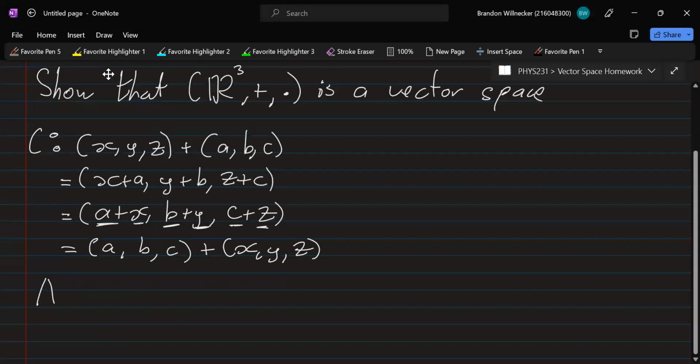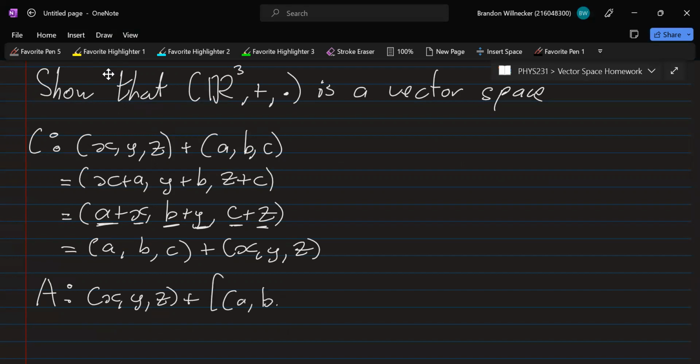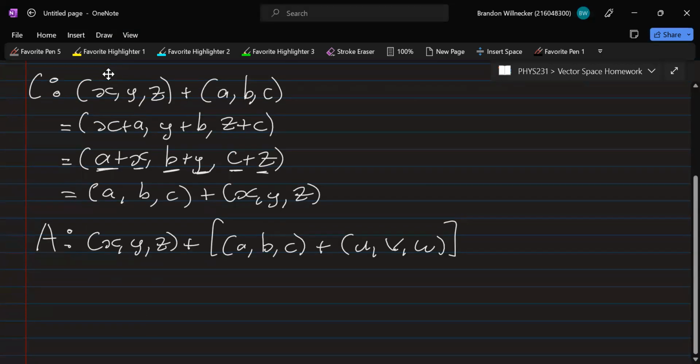Okay, what about associative? So this means we have something like x, y, z plus, and then we've got brackets a, b, c plus, let's say u, v, w. For proving associativity, we want to take the brackets from the last two elements and then put it over the first two elements.